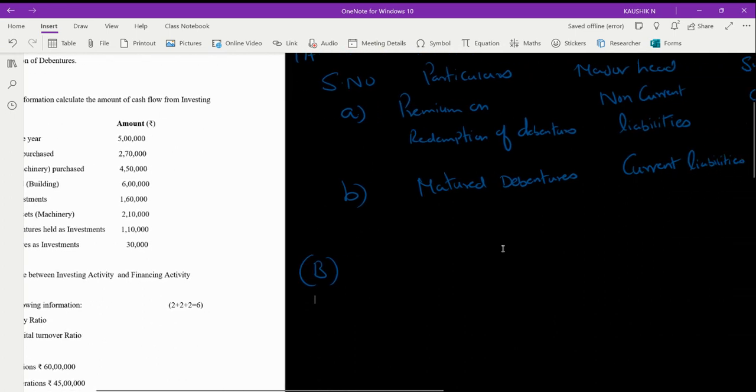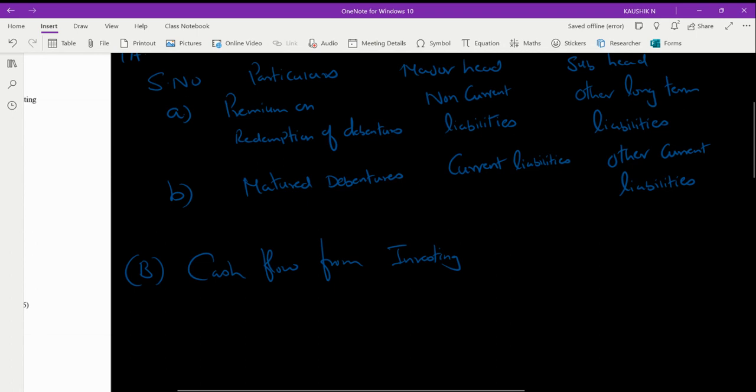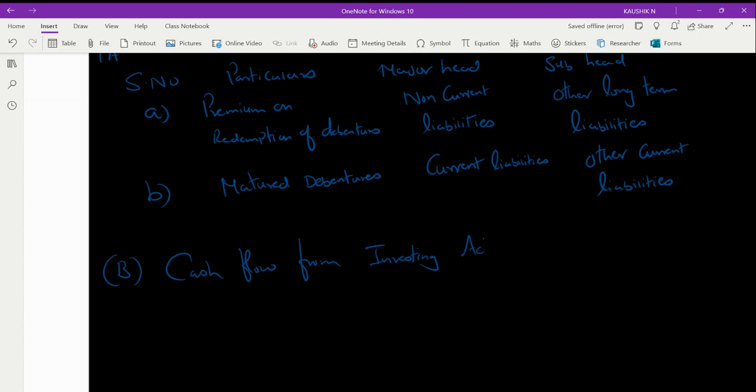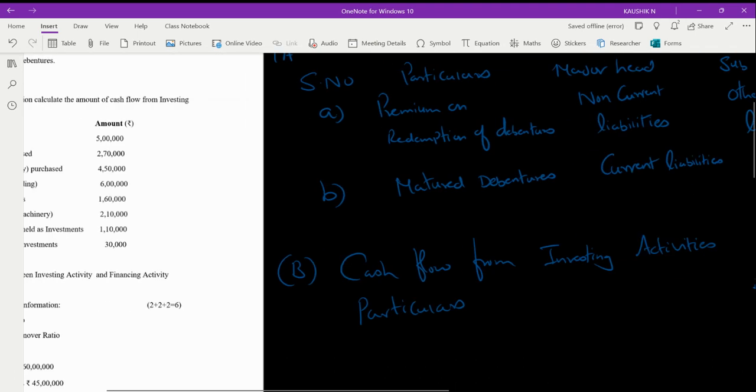So again, you prepare a table and write a heading on top: cash flow from investing activities, and then you prepare the three columns. One is your particulars, the next two columns rupees inner column, rupees outer column, or details and rupees in such a way.